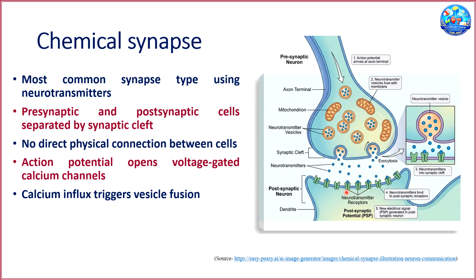And here we have seen that the action potential, as it reaches the presynaptic terminal, triggers opening of the voltage gated calcium channels, allowing calcium ions to enter the presynaptic terminal and release neurotransmitters into the synaptic cleft by exocytosis.